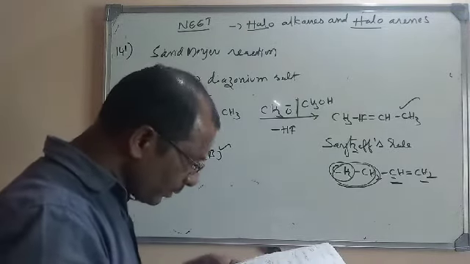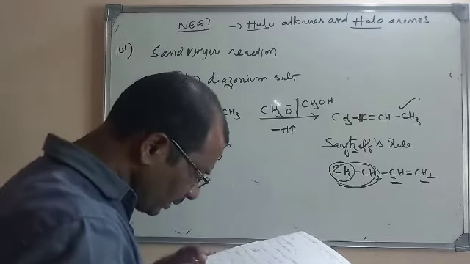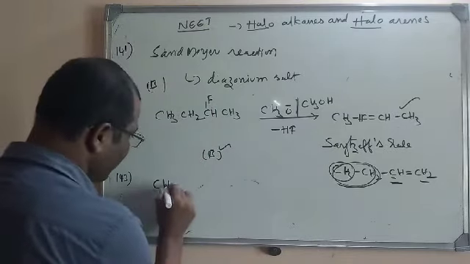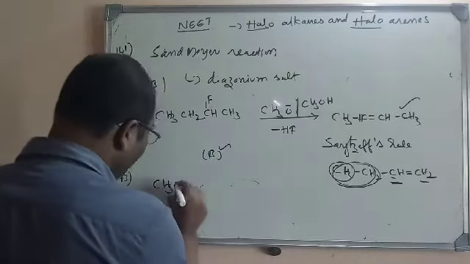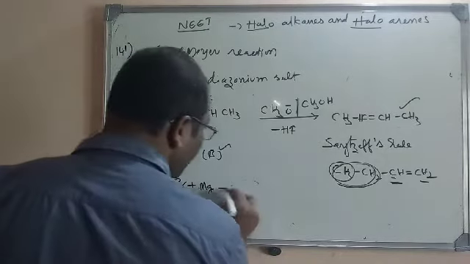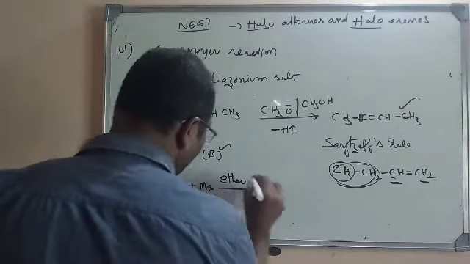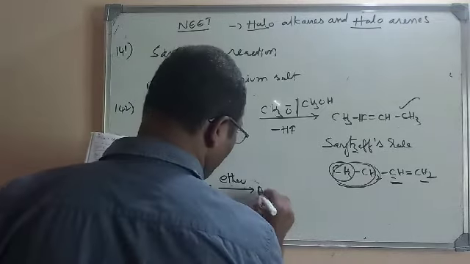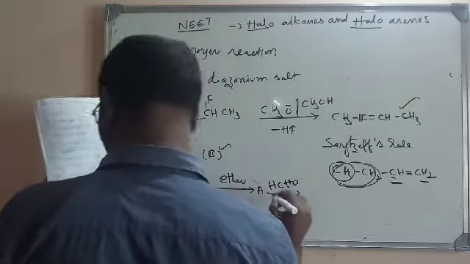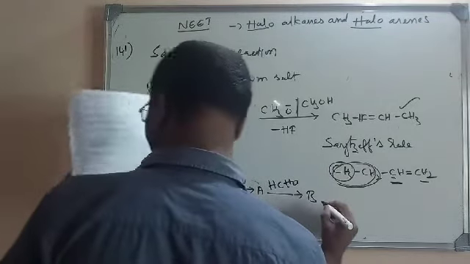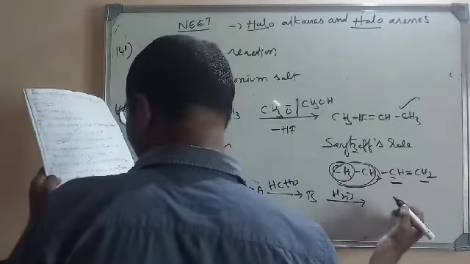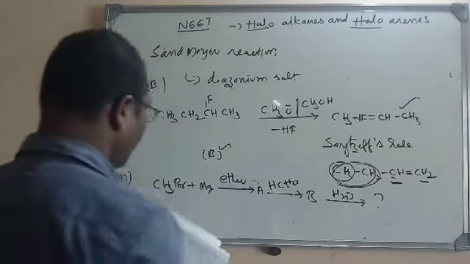Next, question number 143. The final product in the following sequence of reactions is: CH3Br is treated with magnesium in the presence of ether giving product A, which is treated with formaldehyde HCHO giving product B, and then C. What is the final product here?